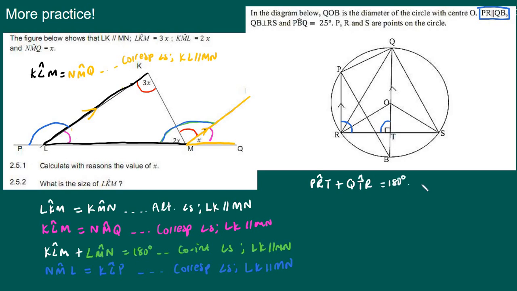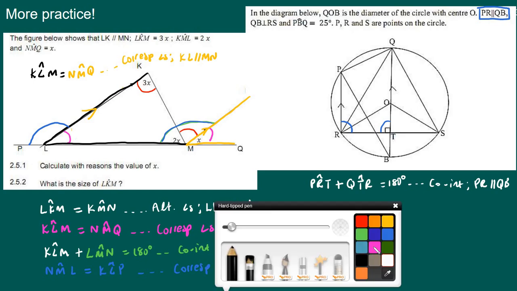What type of angles are those? Co-interior. Perfect, those are co-interior angles. And this is because our lines, which ones? PR is parallel to QB. Perfect. Another one.